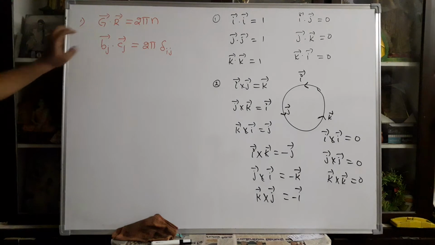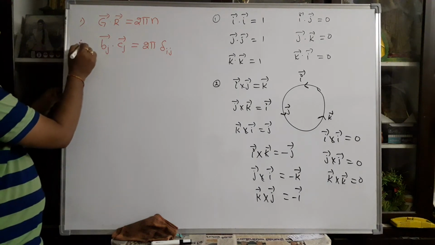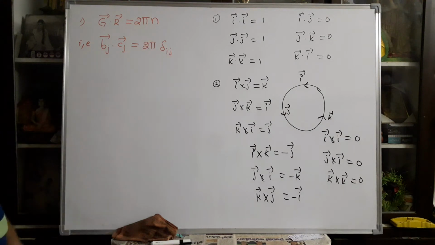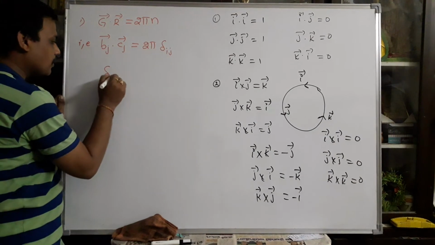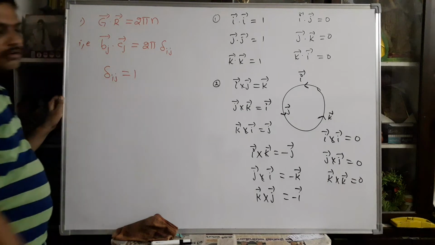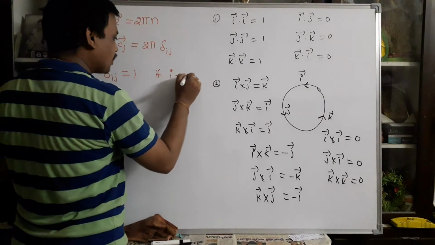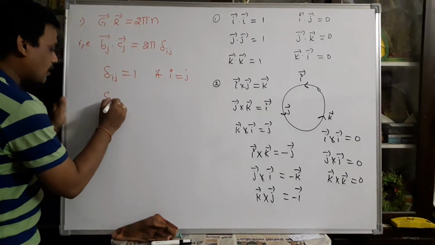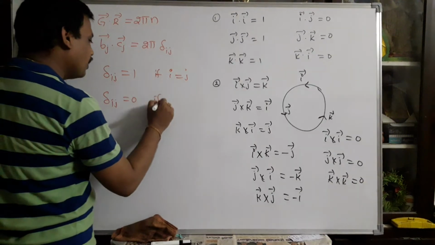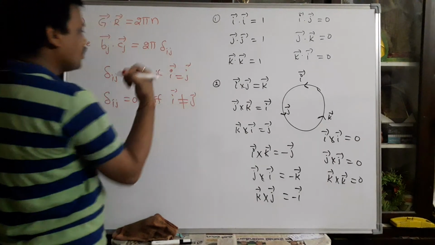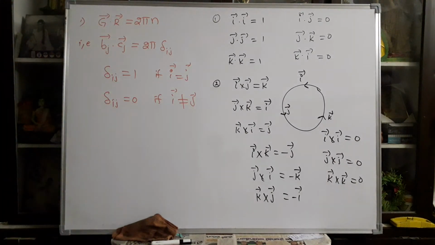So in general form I am writing b̅i·a̅j is equal to 2π δij. Here δij is equal to 1 if i is equal to j, and δij is equal to 0 if i is not equal to j. So this is the general condition for the reciprocal lattice: G̅·R̅ must be equal to 2πn.